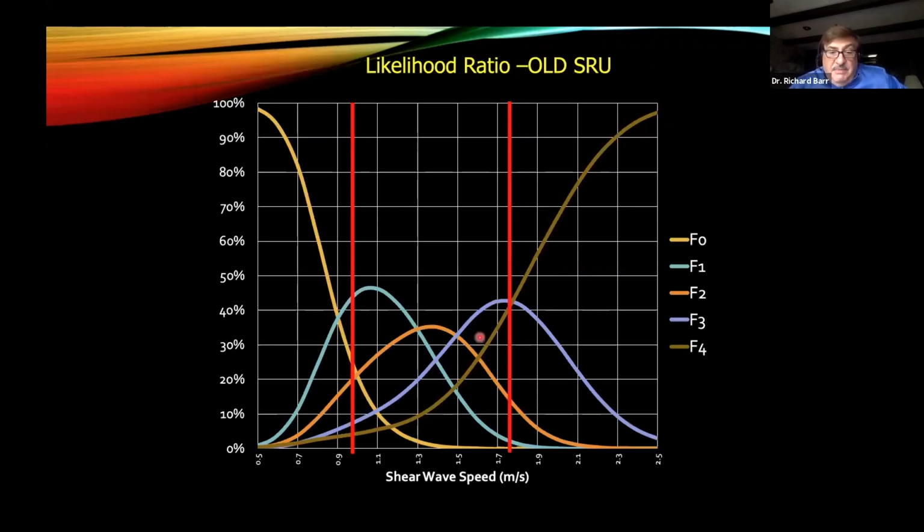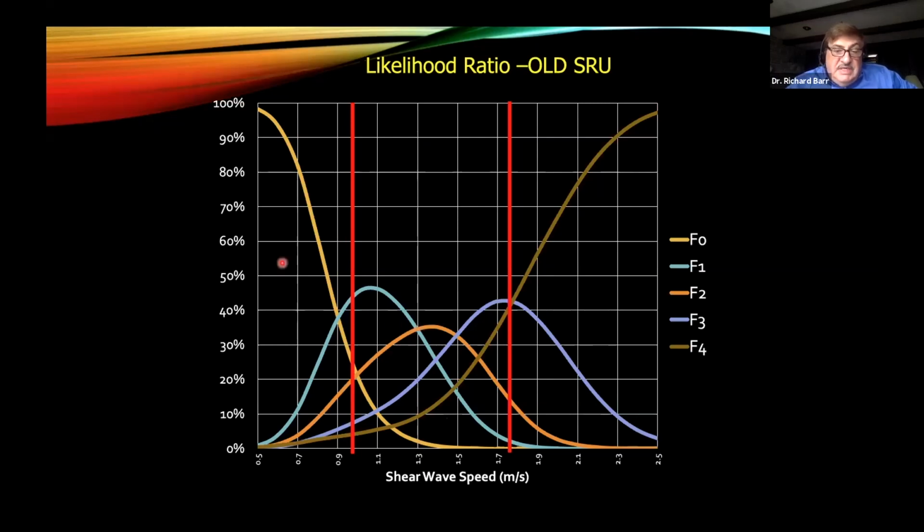And this is a table out of that publication. What this figure shows is we looked at a large meta-analysis, and asked, what is the probability of a certain shear wave speed? So at 1.3 meters per second, we've got a 2% chance of being F0, a 10% chance of being F4, a 20% chance of being F3, and a 35% chance of being F1 and F2.